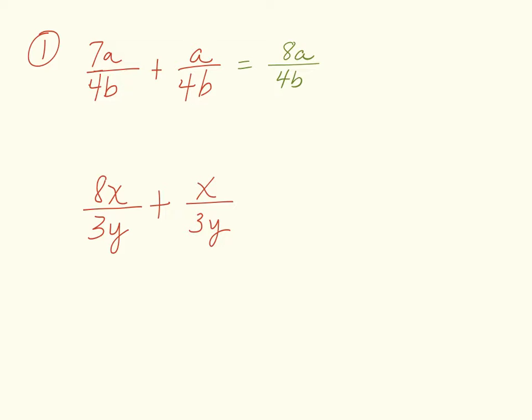But look at the 8 and the 4. The 8 over 4 can be reduced, okay? So 4 divides 4 one time. 4 divides 8 two times. So ultimately, we have a sum of 2a over b.